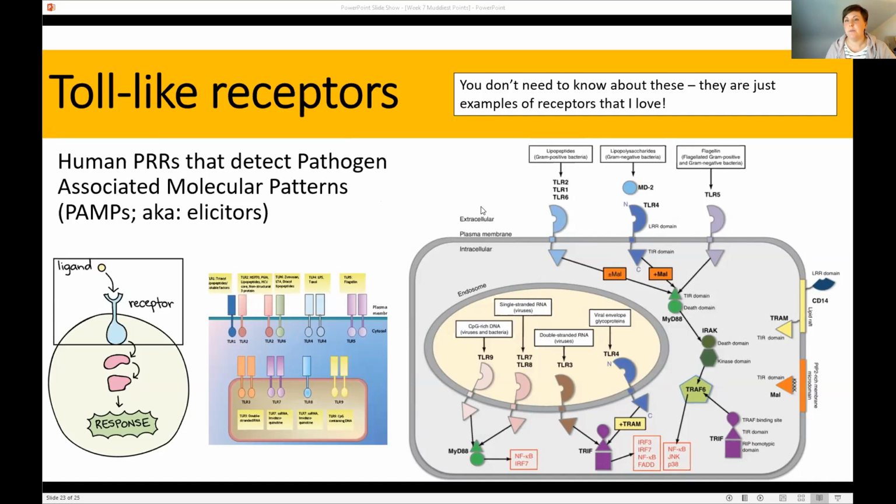I'm not going to go through them, but I do want to talk about some of them. For example, there are certain lipopeptides associated with gram-positive disease-causing bacteria, like staph infections. So like bad staph. LPS, or lipopolysaccharides, are associated with bad bacteria like E. coli or salmonella or cholera.